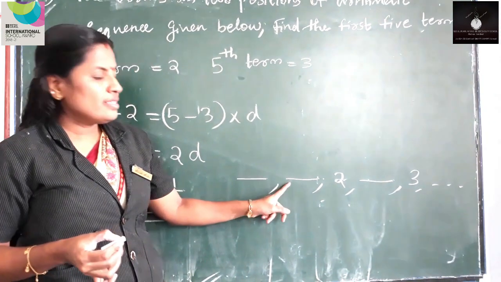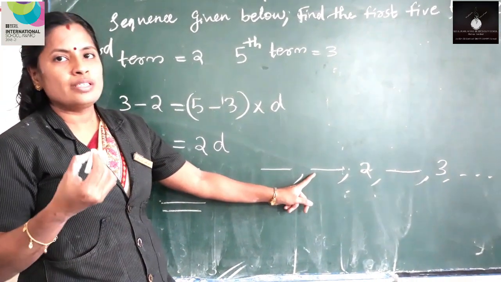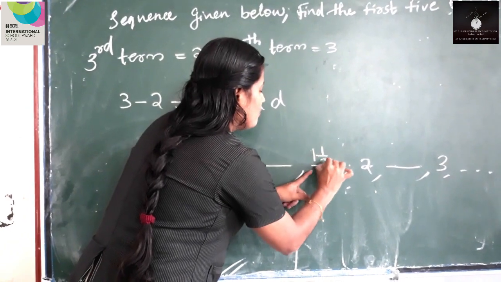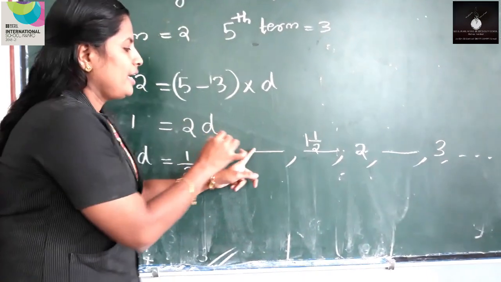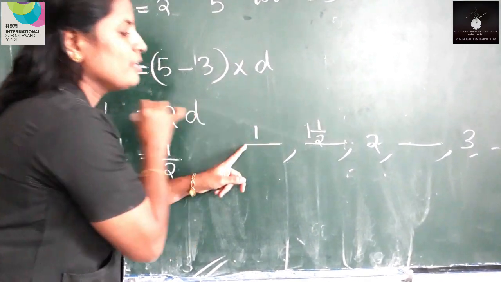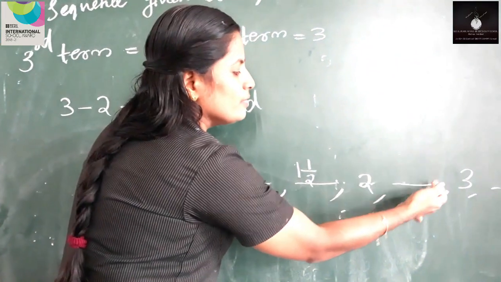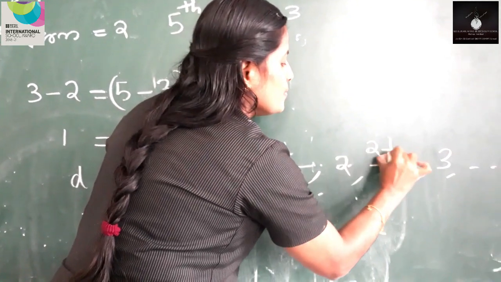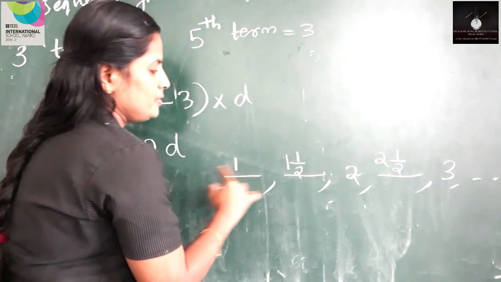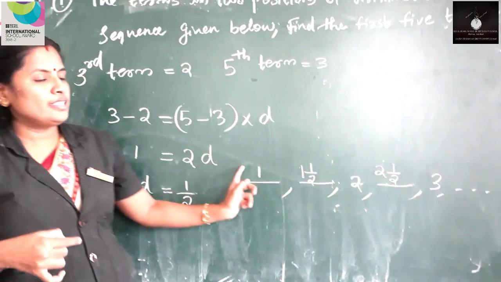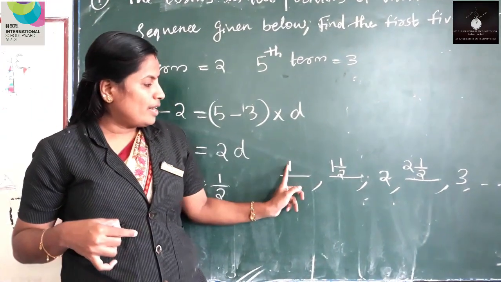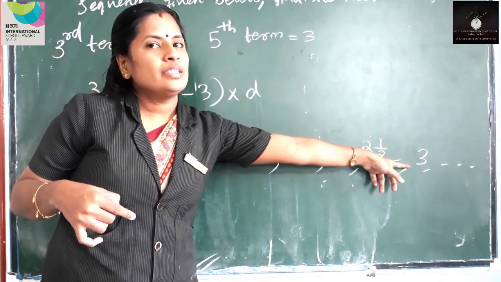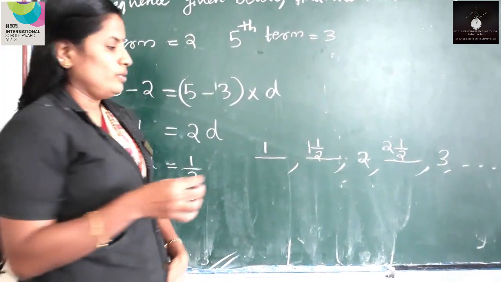So what is the second term? We have to subtract the common difference, so it will be 1.5. Then again the first term is 1. Then the fourth term we have to add, that is 2.5. So the first 5 terms are 1, 1.5, 2, 2.5, 3 and so on.